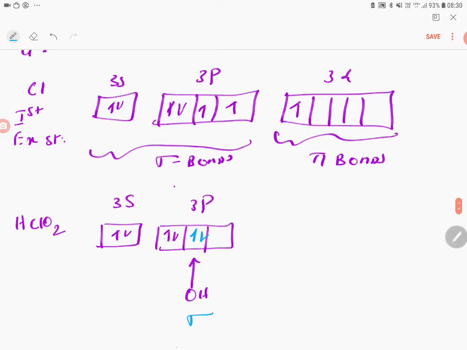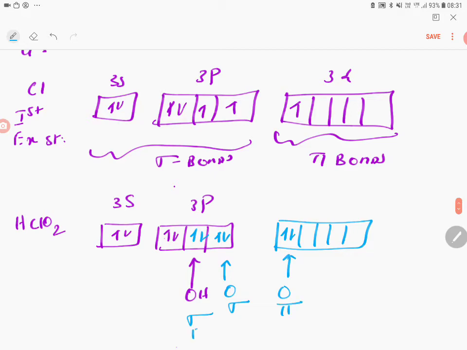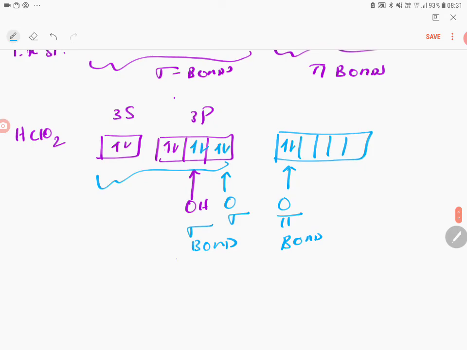This is another oxygen atom with a sigma bond, whereas this is going to be a pi bond. So therefore here also hybridization is sp3.